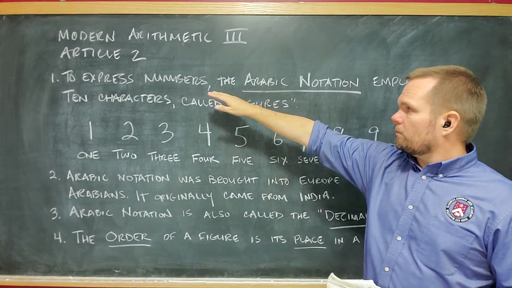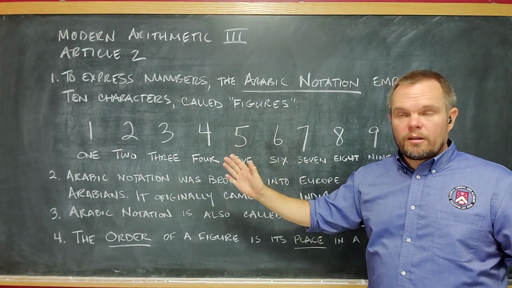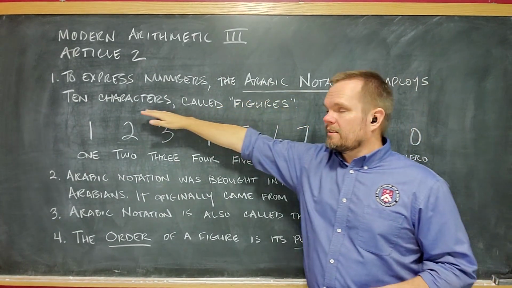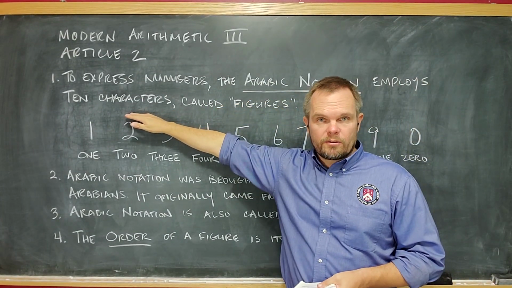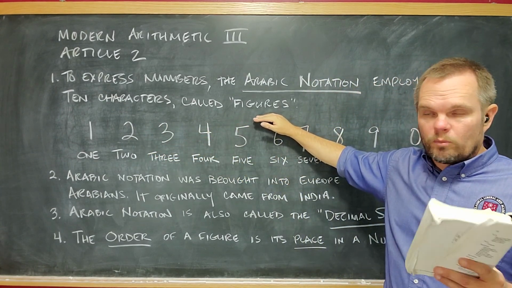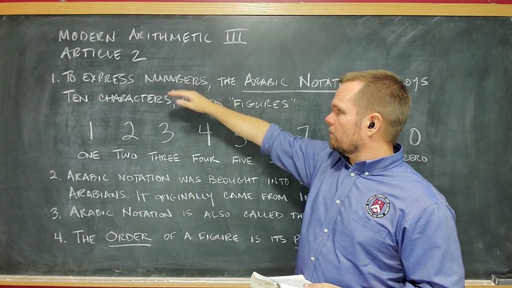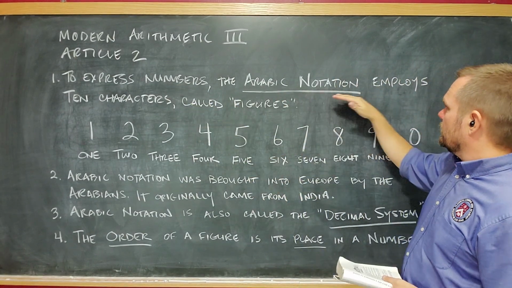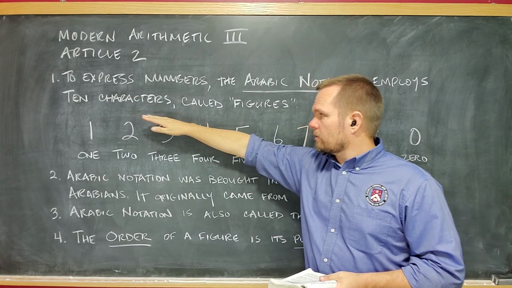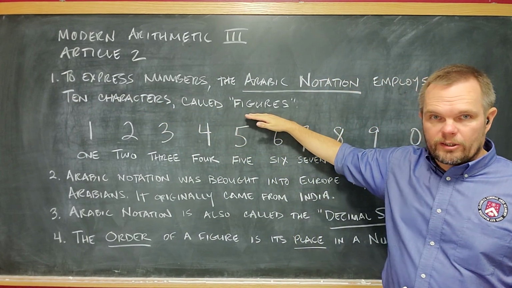To express numbers, any number, Arabic notation employs just 10 characters, and these are called figures. One more time. To express numbers, Arabic notation employs 10 characters, and these characters are called figures.